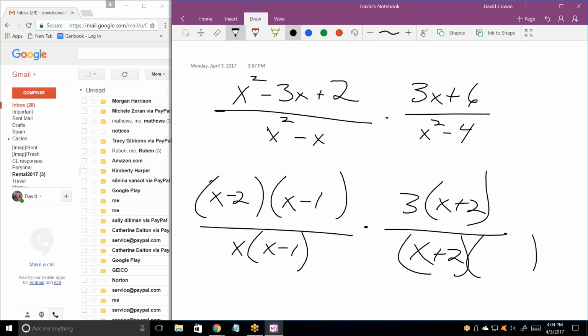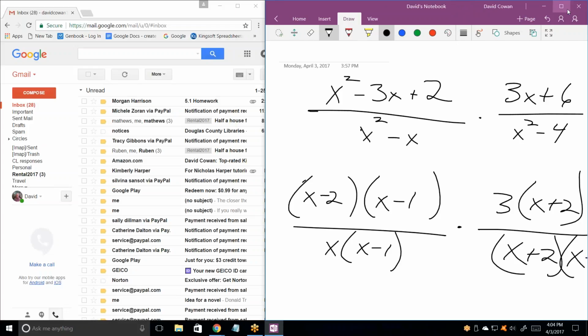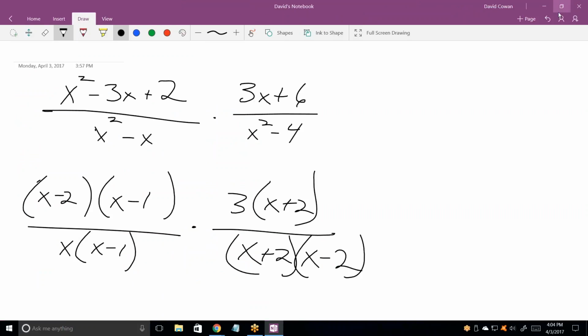Now cancel where you can cancel. The x minus 2's. Whoops, hold on, what happened? I meant to do that and that, okay. Okay, x minus 2's, the x plus 2's. Now when I cross it out, I'm really replacing it with a 1.